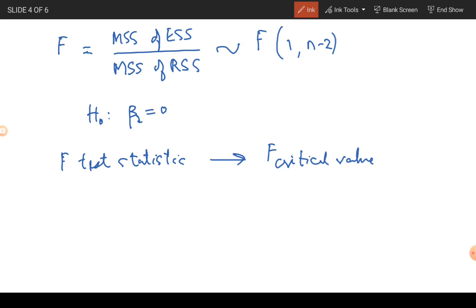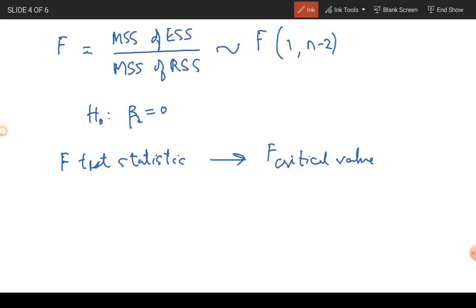Right? When it comes to a two variable regression model, hypothesis testing based on the F statistic, or the F test, is equivalent to the t test of checking whether beta 2 is statistically significant. Right? The difference between the t test and the F test is more evident and more prominent when it comes to three variable or multivariable regression models.